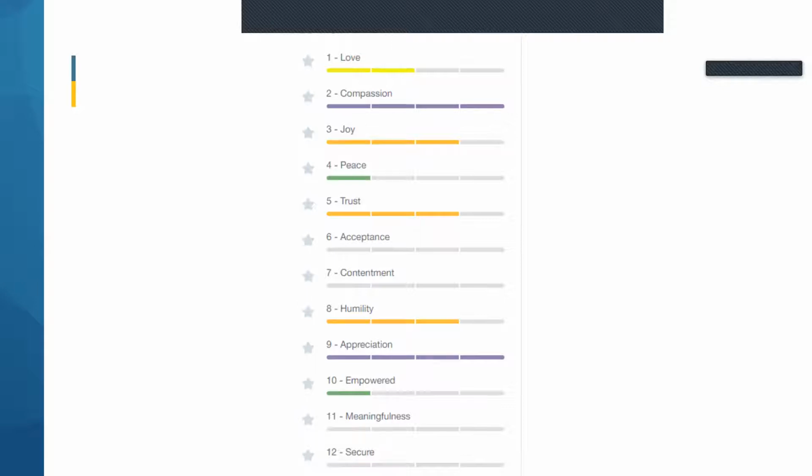Emotions. So there were a lot of positive emotions. You think, well, we've got compassion, we've got joy, we've got trust, humility, appreciation. Now, sometimes they can show as a priority because perhaps there isn't any appreciation in her life. Perhaps she doesn't feel appreciated, or she's not able to show appreciation. What about joy or trust? Because it's a positive emotion, it doesn't mean they have an abundance of that.